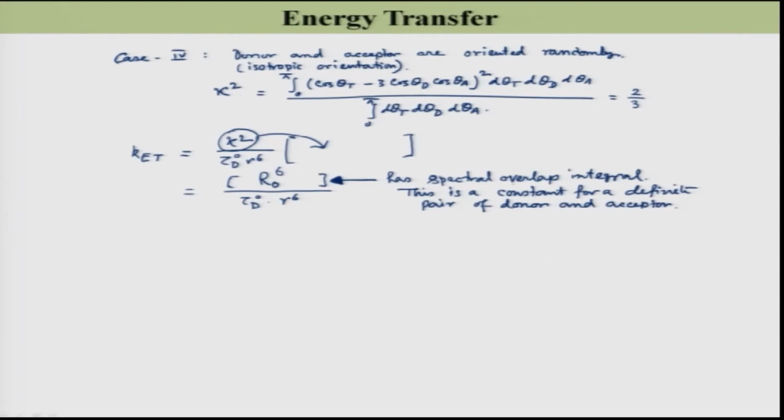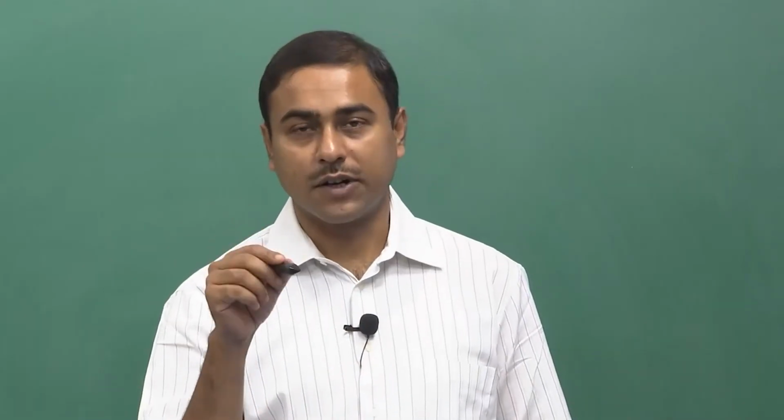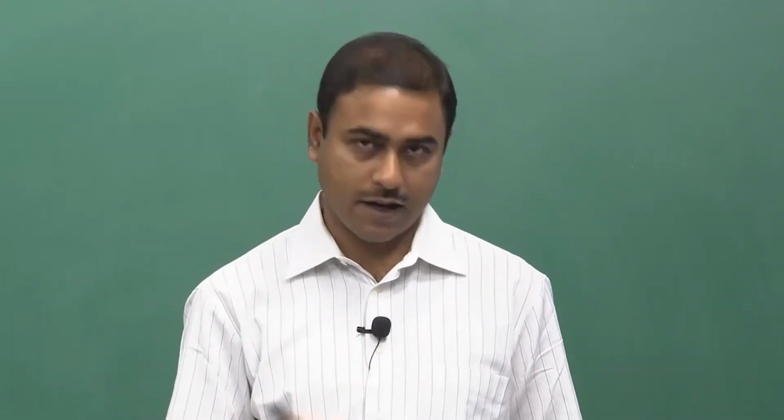And if you know this overlap integral between this donor and acceptor, and from the expression of this quantity over here, you will be able to calculate the value of R 0, and that value of R 0 is fixed for a definite donor and acceptor.